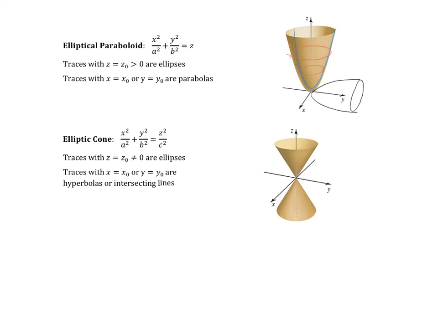So notice in the general equation, x squared over a squared plus y squared over b squared equal to z, and it's symmetric about the z. So if we replace the z value with some number, what you end up with is equations of ellipses.